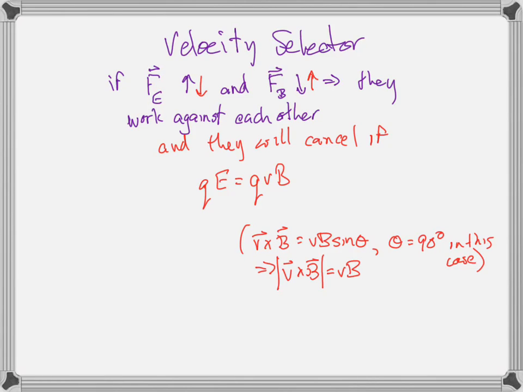So the two forces will cancel if QE equals QVB. Therefore V is equal to E over B. The two forces will cancel if the velocity of the charged particle is the magnitude of the electric field divided by the magnitude of the magnetic field.